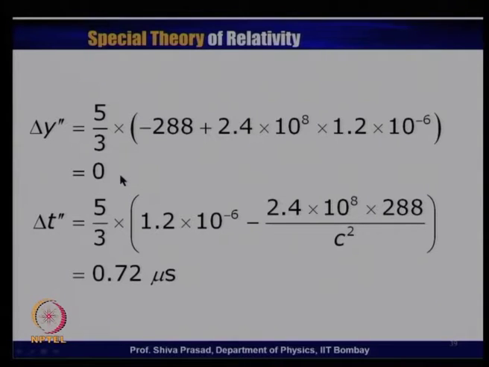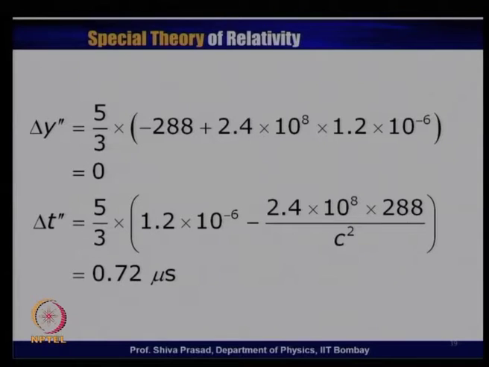This gives me 0. I am not surprised, because I know that in this particular frame of reference, these two events indeed occur exactly at the same position. Therefore, delta x double prime had to be 0, delta y double prime had to be 0, delta z double prime had to be 0. So, it is not surprising that we found delta y double prime to be equal to 0.